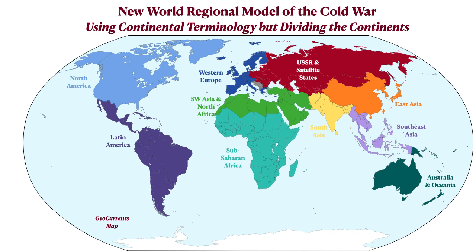So out of this ethnogeographical board came the world regional model. Now it uses continental terminology but divides and recombines the continents. So North America is just limited to U.S., Canada, and Greenland. That leads to a conceptual problem. When someone says North America, well, what do you mean by North America? Do you mean the whole continent?